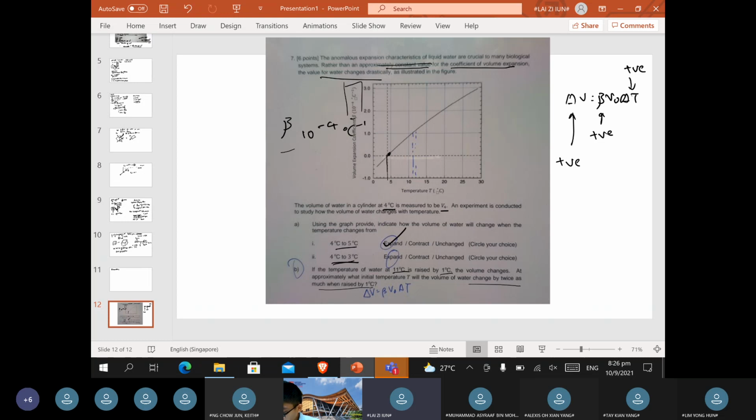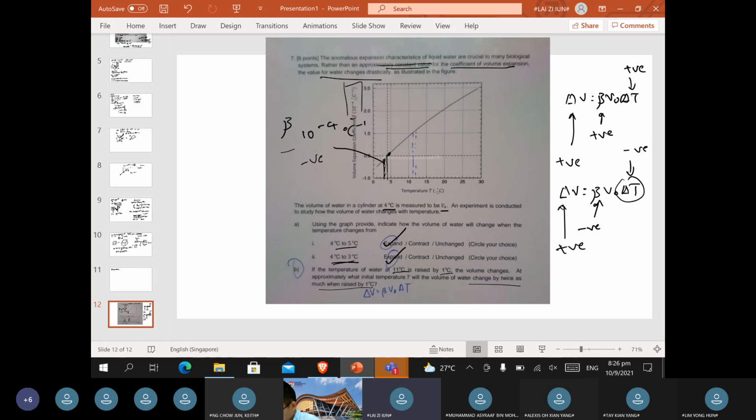But if we look at 4 to 3 degrees, we realize that from 4 to 3 degrees, our beta value is actually negative. So we do the sign accordingly. ΔV is equal to β V naught ΔT, right? β is negative, but we must also be careful because our ΔT represents a change from 4 degrees to 3 degrees, so this is also negative. A negative multiplied by a negative is going to be positive. So that's why this expands.